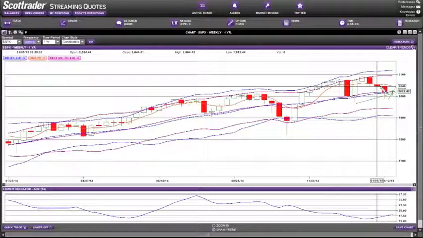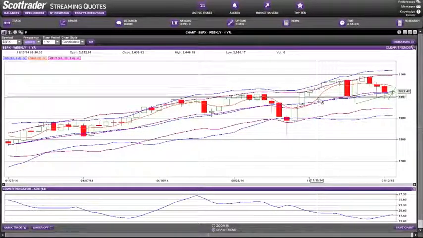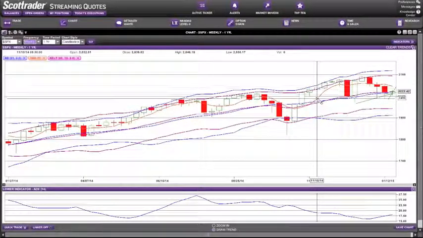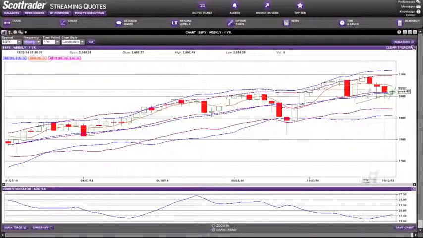If that happens, prices would touch back around 2043 range. Lower prices at this point. I mean, even if it does get kind of hairy, there's a lot of support in here.